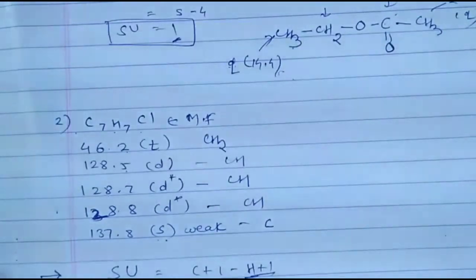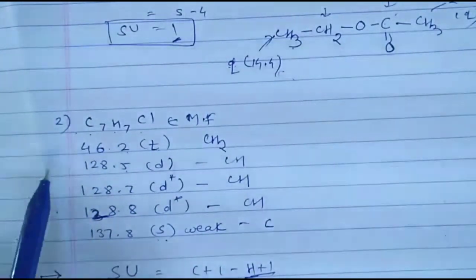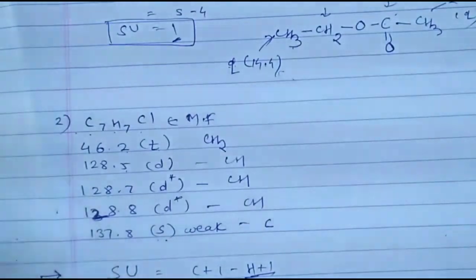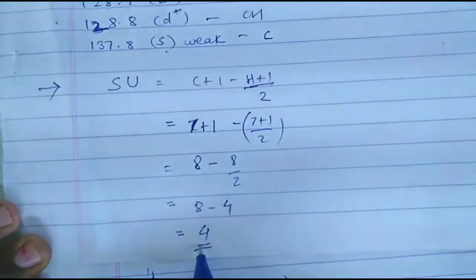Then how to find out the structure of this compound? Here how many carbons are there? 7 carbons, but they give us only 5 values, that means the remaining carbons are in symmetrical positions.